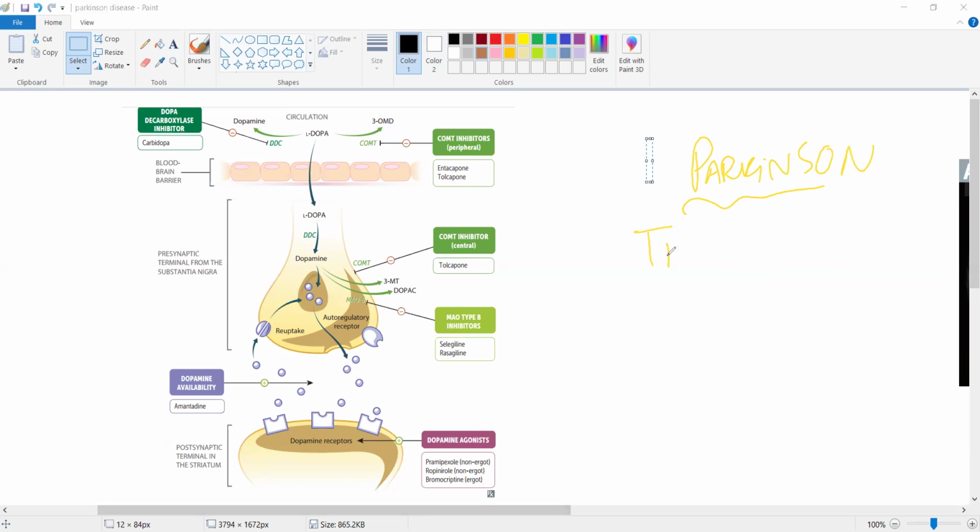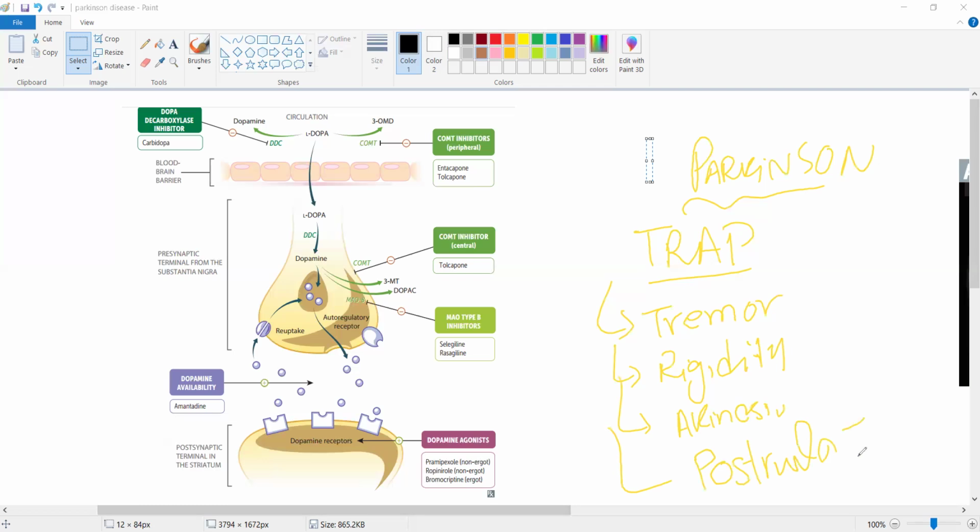TRAP. T for tremor, R for rigidity, A for akinesia, and P for postural instability. Right?